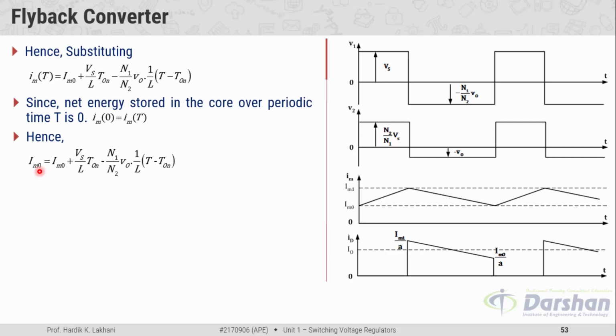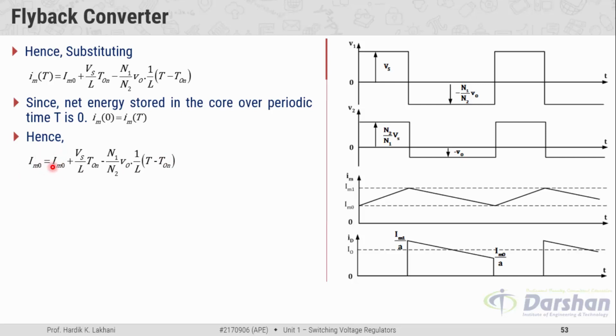Hence we get Im0 is equal to Im0 plus Vs upon L into T on minus N1 divided by N2 into VO into 1 upon L into T minus T on. On the left hand side and the right hand side, both sides have Im0.